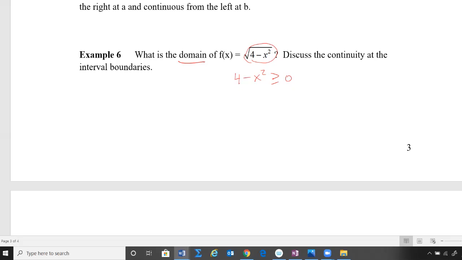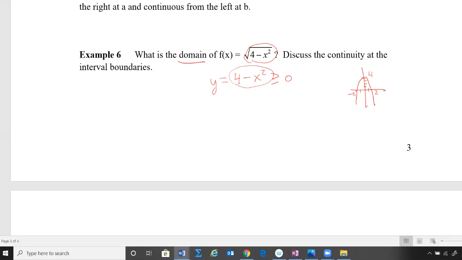Now you could treat this as a quadratic inequality, or you could just say, I know that looks like a function I'm familiar with. That function is a parabola. It kind of looks like this. It's upside down, with zeros at 2 and negative 2, up here at 4. It's 4 high, 1, 2, 3, 4, and it's 2 over, 2 left.